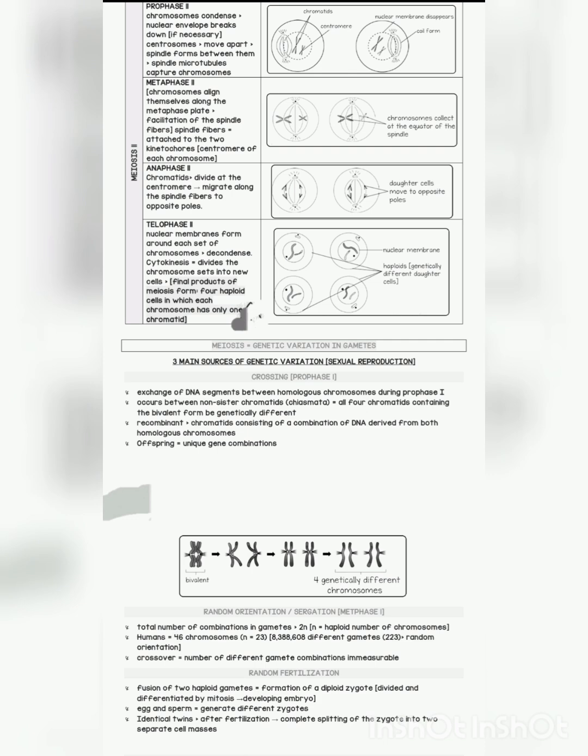Nuclear envelopes reform and cleavage or cell plate formation eventually produces a total of 4 daughter cells, each with a haploid set of chromosomes. Meiosis is now complete and ends up with 4 new daughter cells.